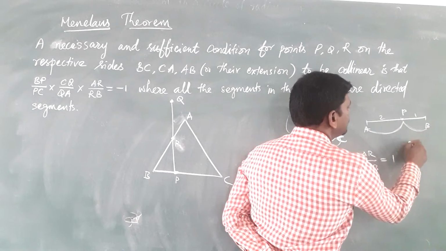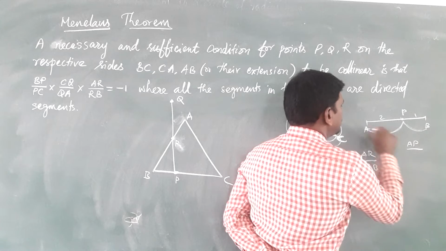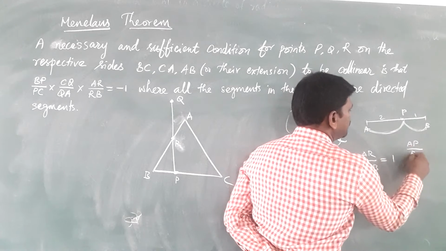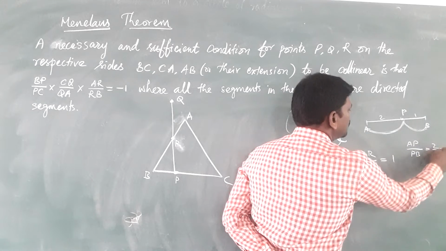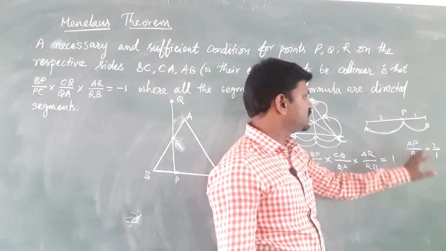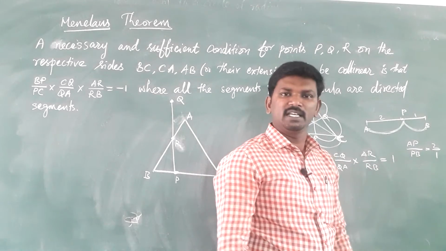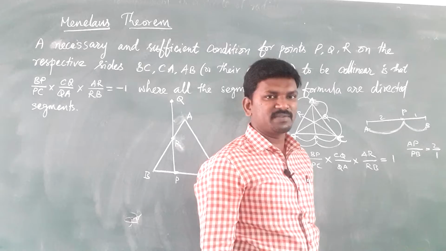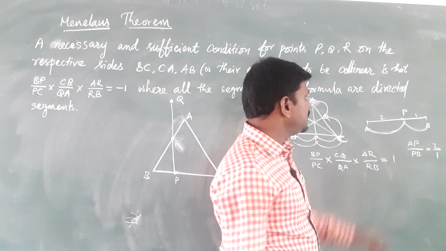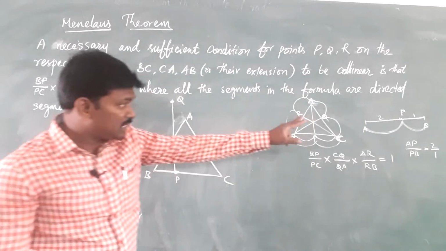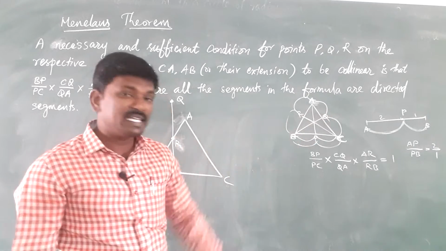AP by BP is equal to 2/1. So AP is to BP is equal to 2:1. Here P divides the line internally.